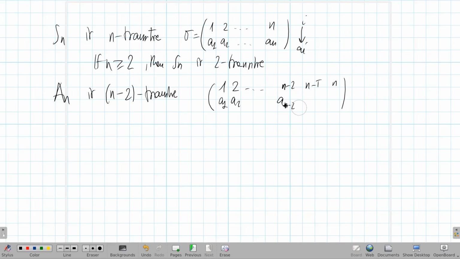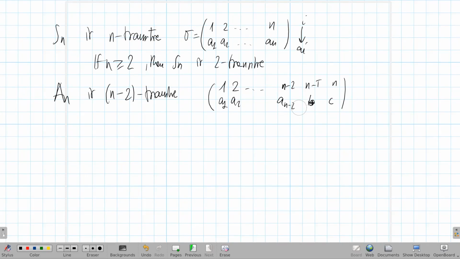But then there are two ways of completing this permutation. If this has left out two elements, let's call them b and c, then there are only two possibilities.